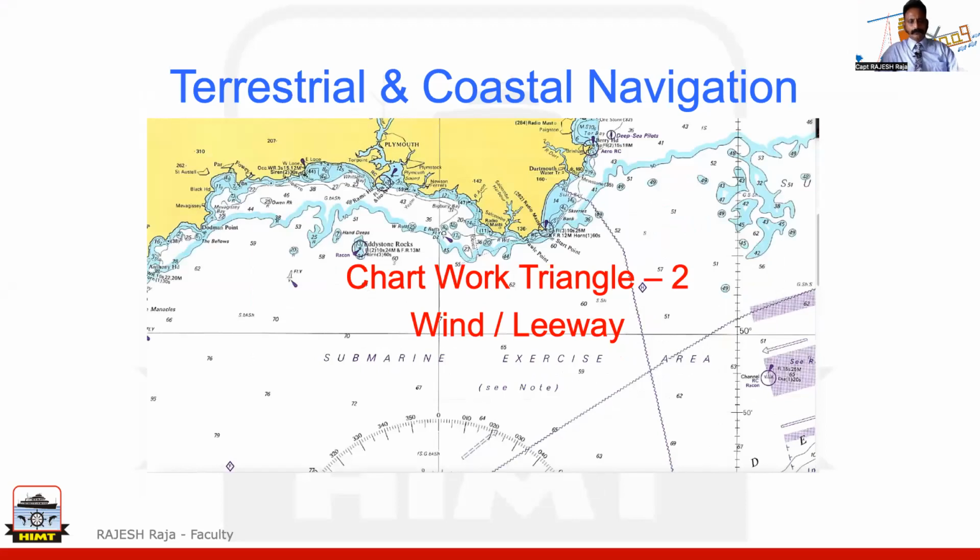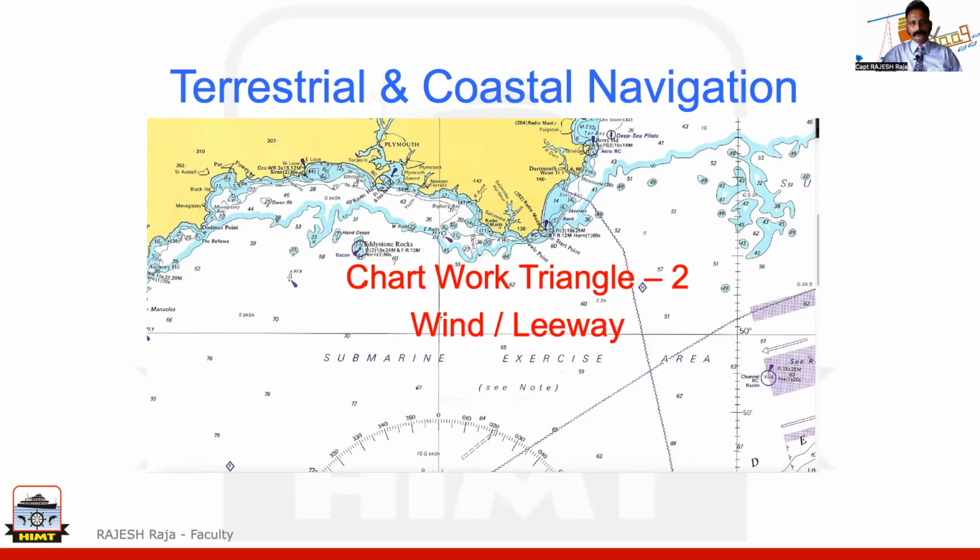So when you don't have the current or the wind, then it is a plain simple sailing for you. All you have is your CTS and your engine speed. But the moment environmental forces start coming into the picture, the first one was current. We already saw earlier in the last video that we can form a triangle.